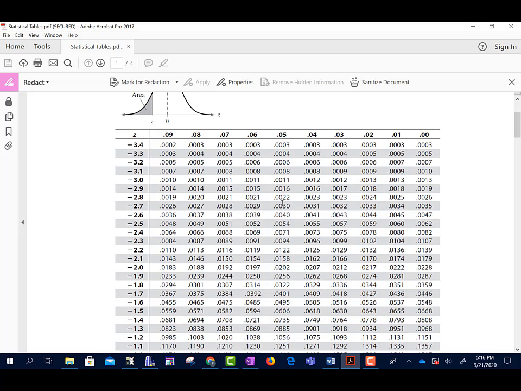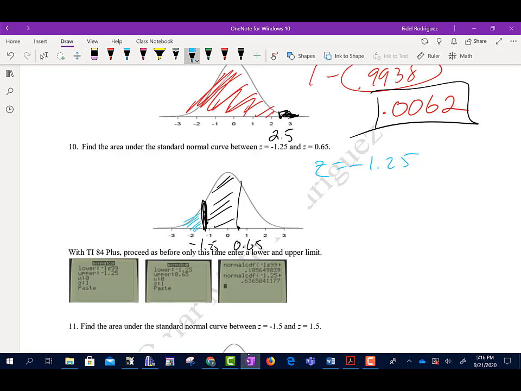Negative 1.25 is right here. It was at 0.1056. That's the area right here.